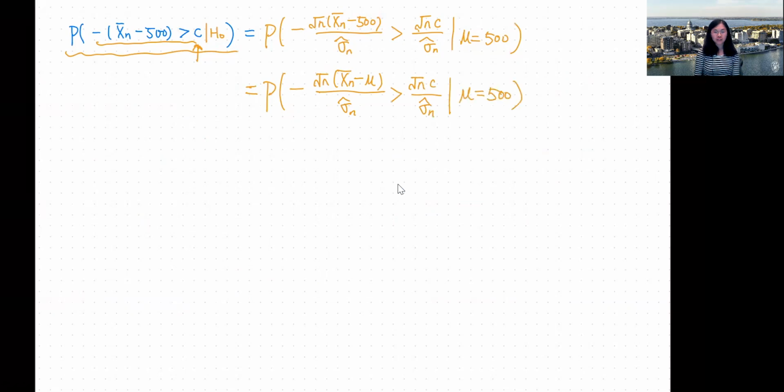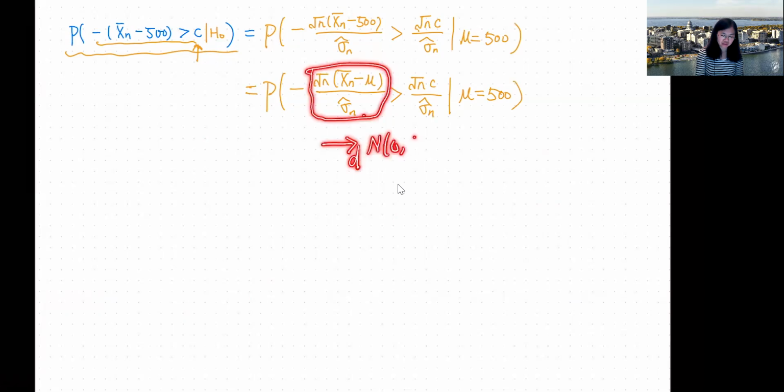In previous videos, we have shown that this random variable is in fact converging in probability to standard normal. We show that using the central limit theorem as well as the continuous mapping theorem. So we show that this converges to standard normal as the sample size goes to infinity.